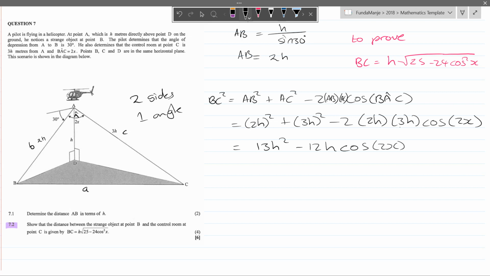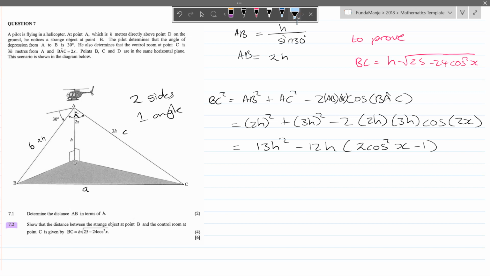Then what you want to do is you have cos 2x over here. This is a double angle, but we can see here there are no double angles. We only have cos squared x, so we're going to have to make an operation that converts this to cos squared x. So there's an identity for that. That would be 2 cos squared x minus 1.